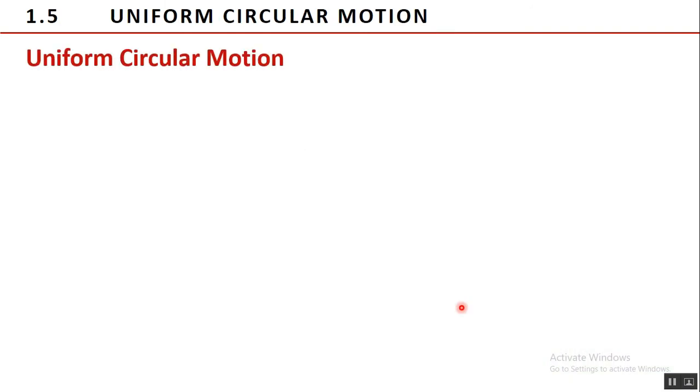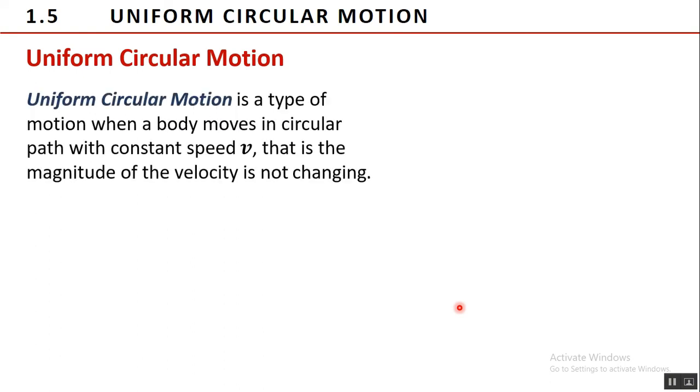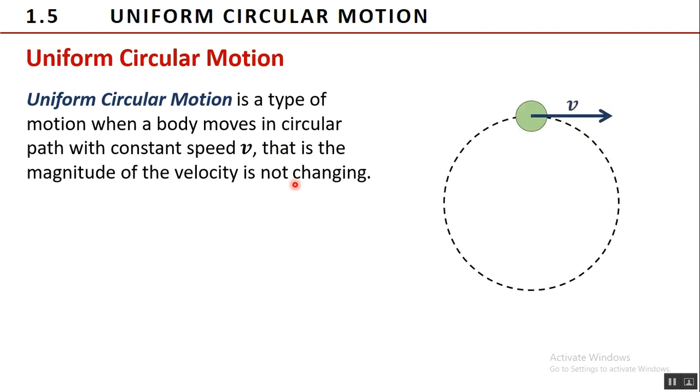Another two-dimensional motion that we are going to study for today is uniform circular motion. A car moving on a circular track with constant radius at constant speed, a communications satellite orbiting the Earth, and a skater moving in a circle with constant speed are some examples of this type of motion. Uniform circular motion is a type of motion when a body moves in a circular path with constant speed v, that is, the magnitude of the velocity is not changing.